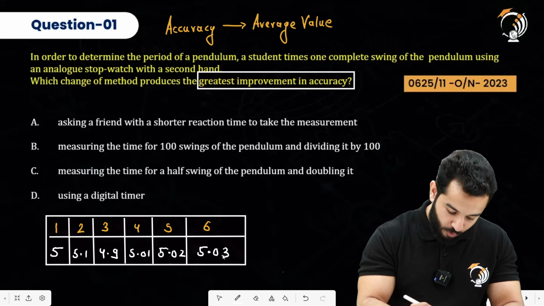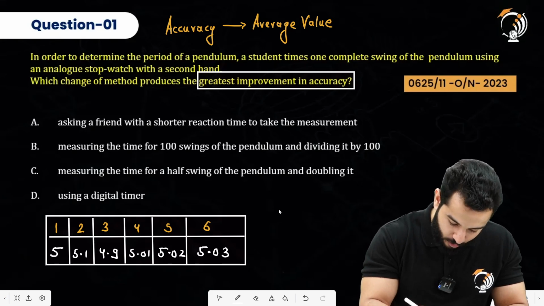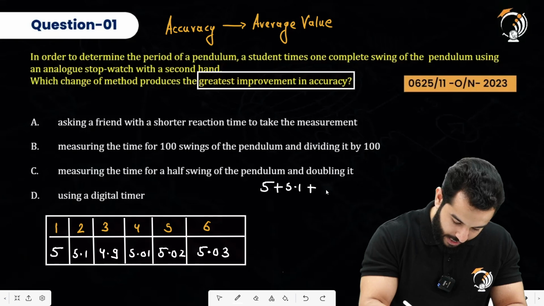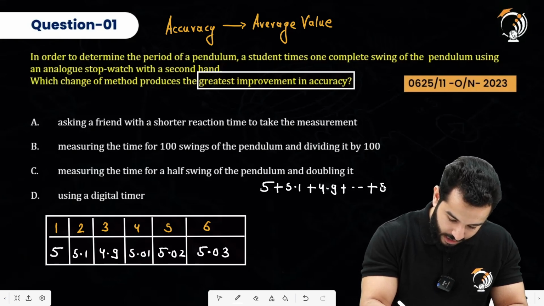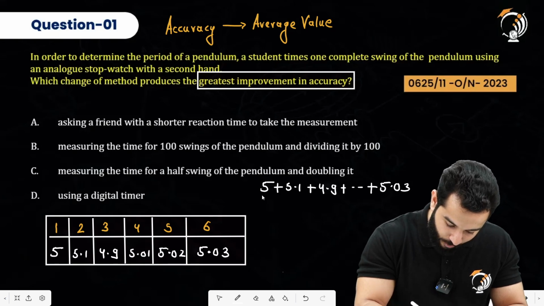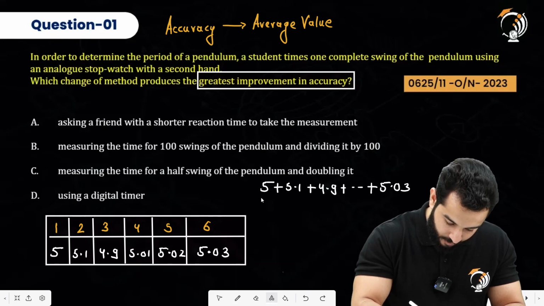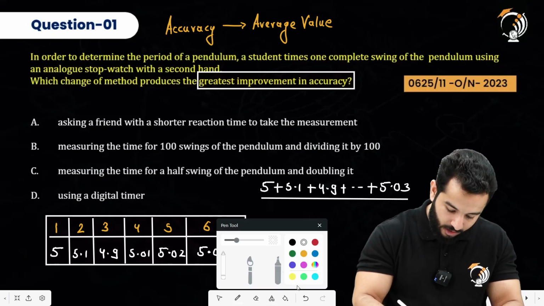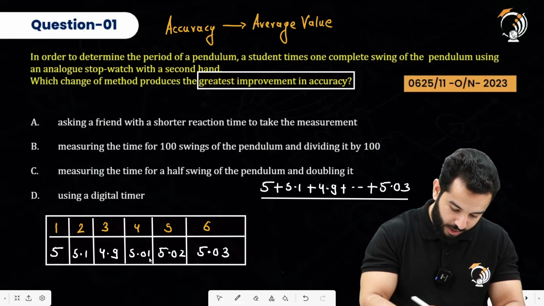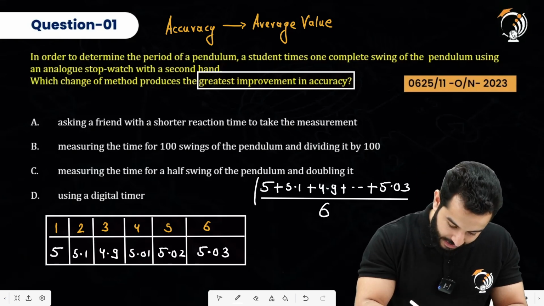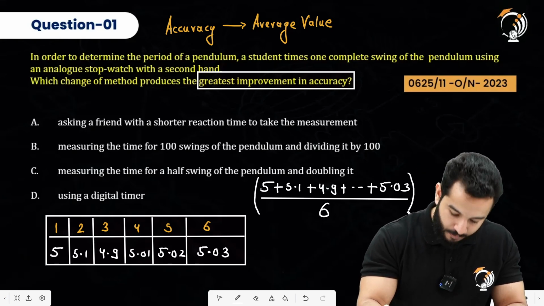Now what you're going to do is add all of these values. So that means 5 plus 5.1 plus 5 plus 4.9 and so on, all the values. The last value is 5.03, divided by the total number of observations here. So 6. So this is how you calculate the average value.